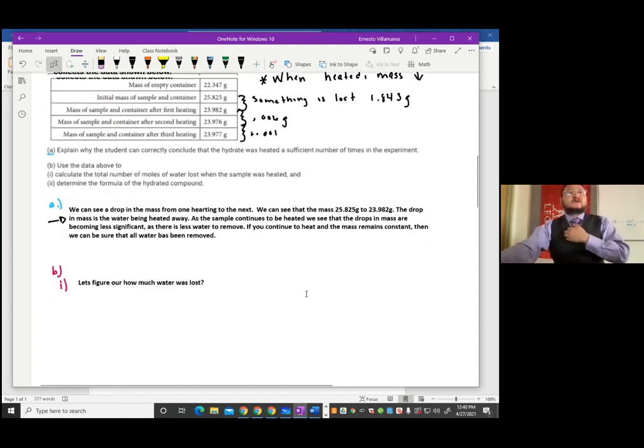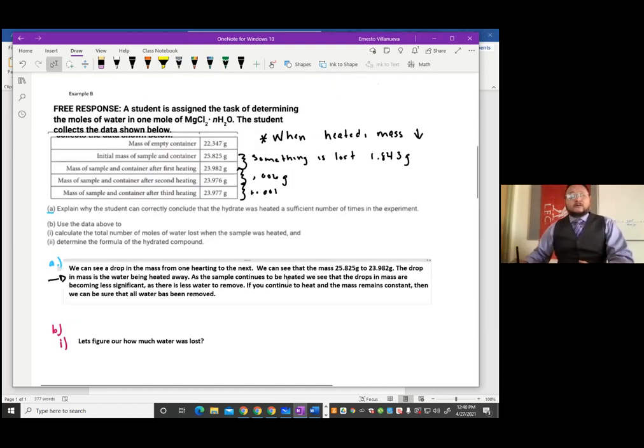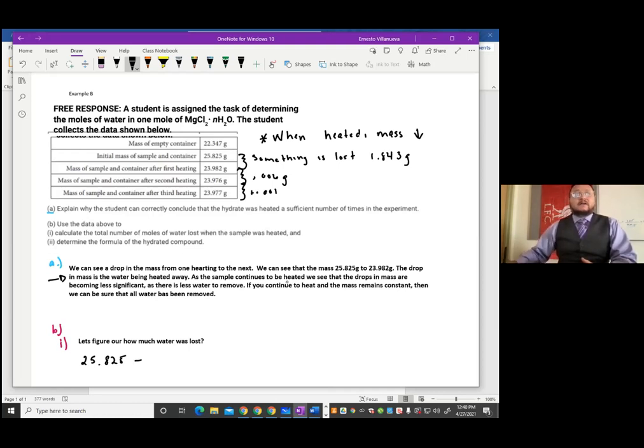Okay, question 2 says, calculate the number of moles of the water lost. So we just figure out how much water we lost. This is the combined mass of the sample with all of the water minus, I'm going to use this one here because that's the smallest one, 0.976. It doesn't matter which one you use.